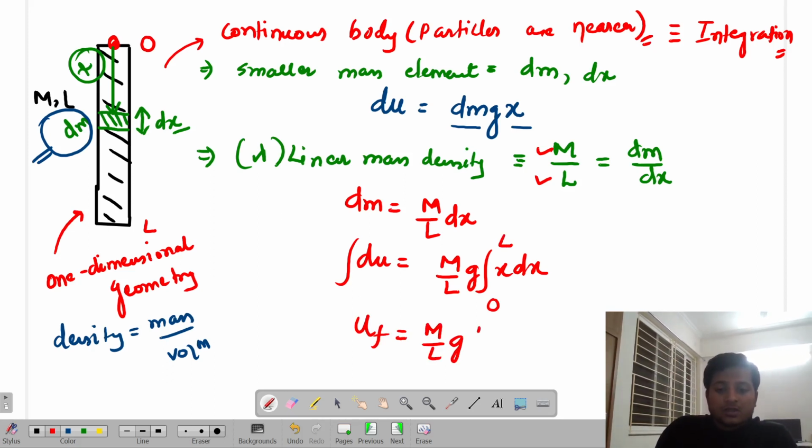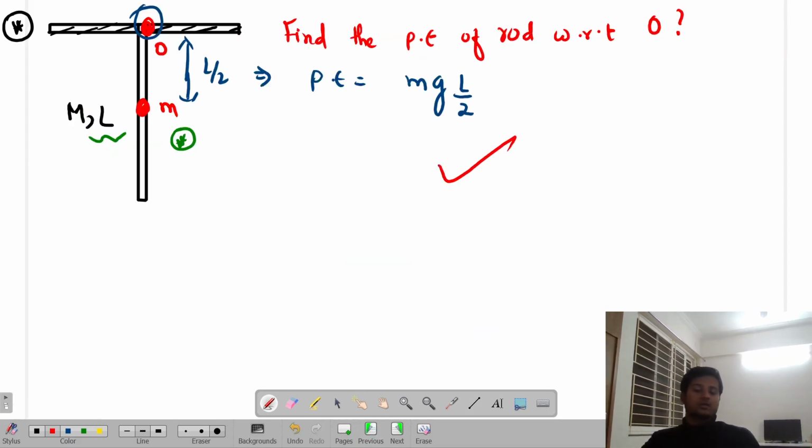So directly I can write it as L square by 2. That is what we got over here. Are you able to understand me? Is this clear?